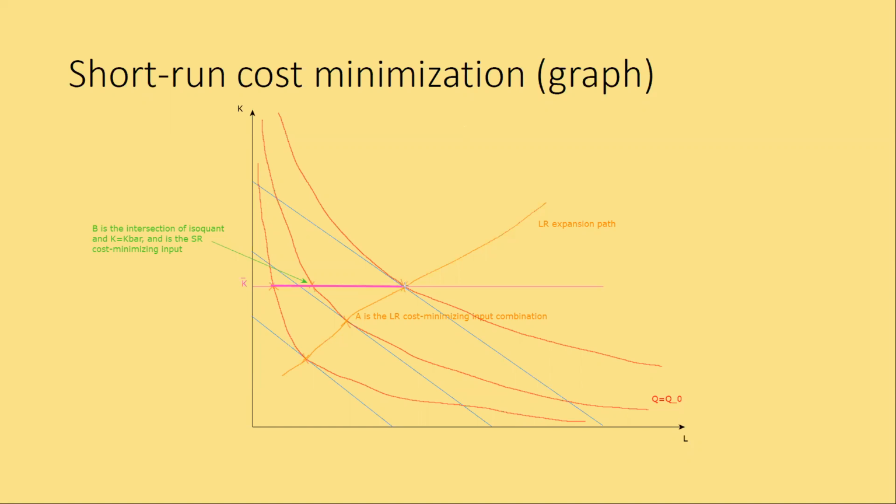Okay, so hopefully this is helpful. So this is the short run expansion path. It is basically along this horizontal line that K equals K bar. So we can see the short run expansion path and the long run expansion path are essentially different.